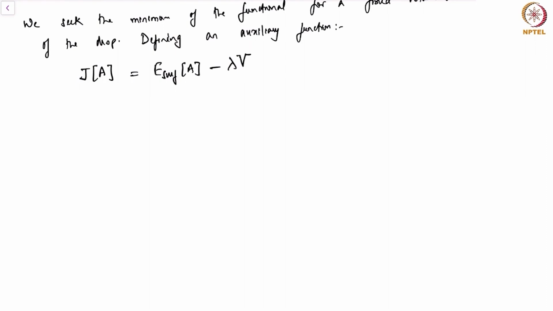So now what is this J? J is also the Gibbs free energy functional of the system. This is the Gibbs free energy function of the system.